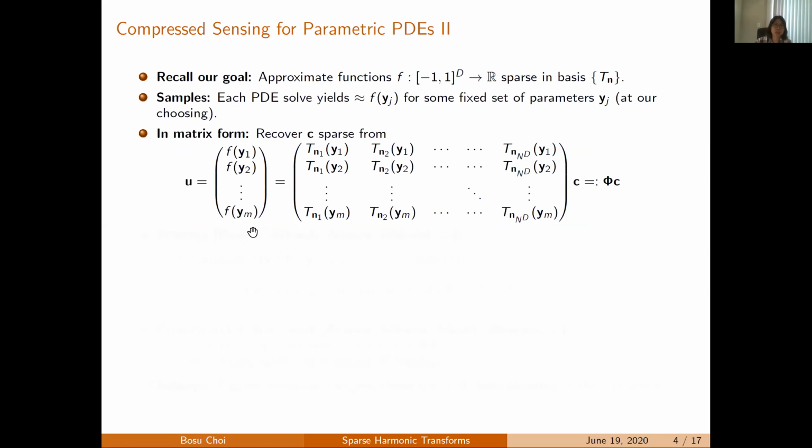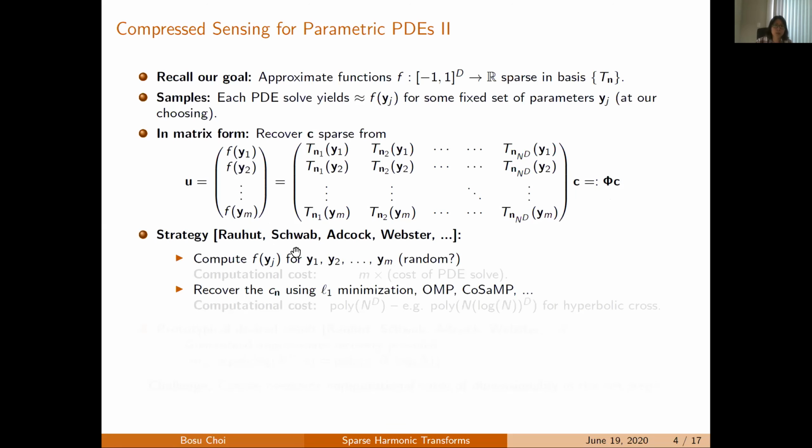The left-hand side contains the function evaluations of f, and the right-hand side consists of phi and c. This phi contains the product basis evaluated at each sample point, and c contains the transform coefficients. Under our assumption, it has only s non-zero entries.